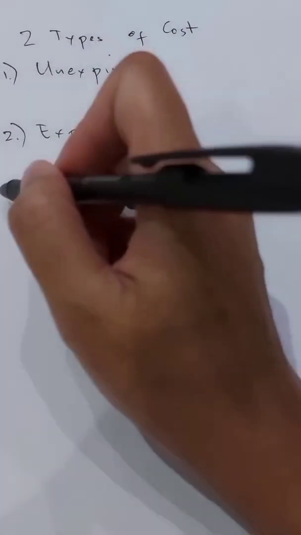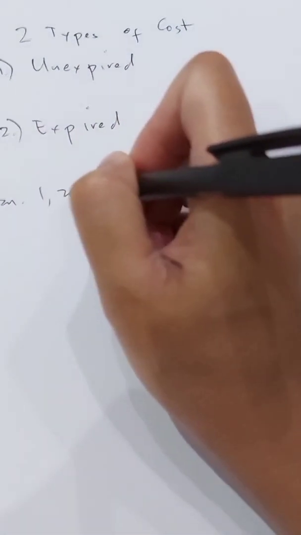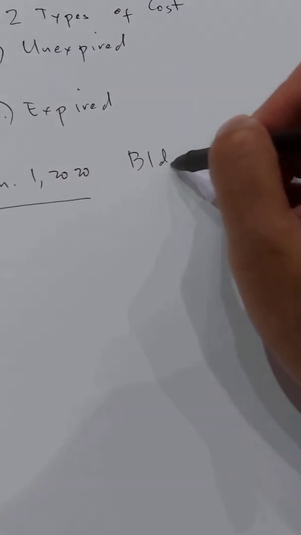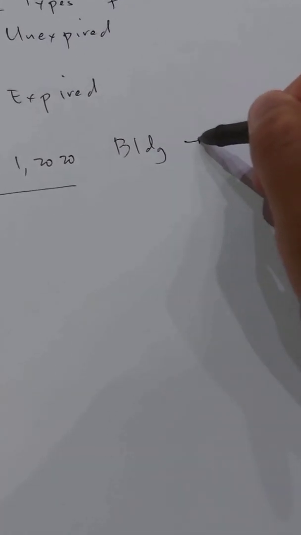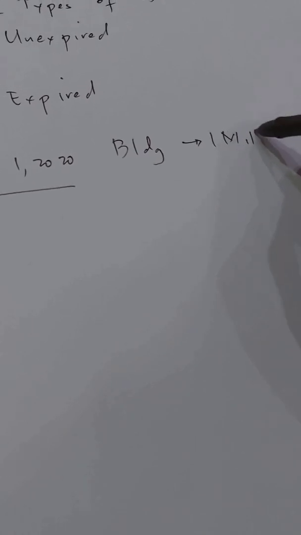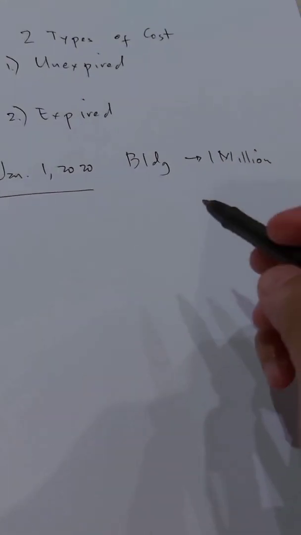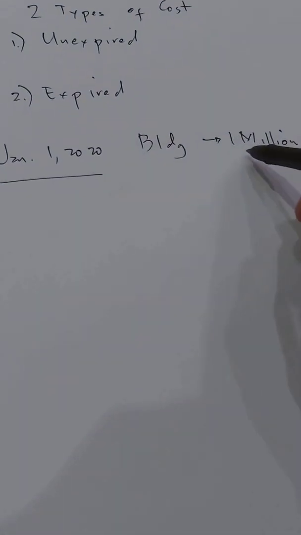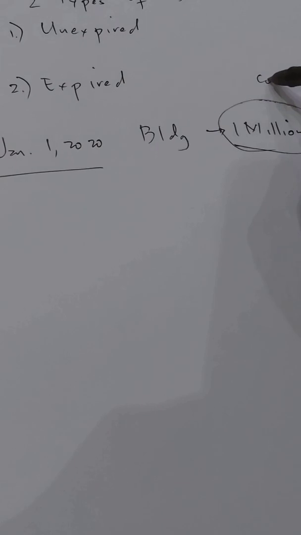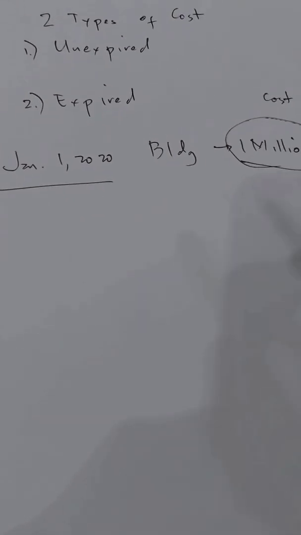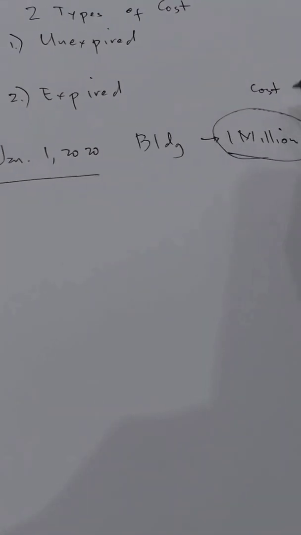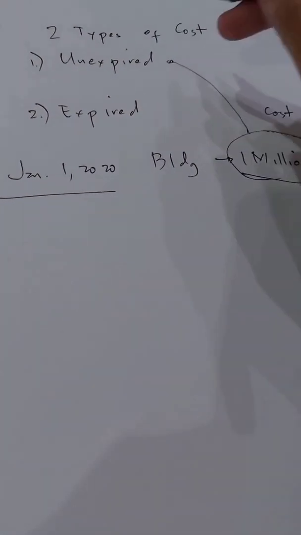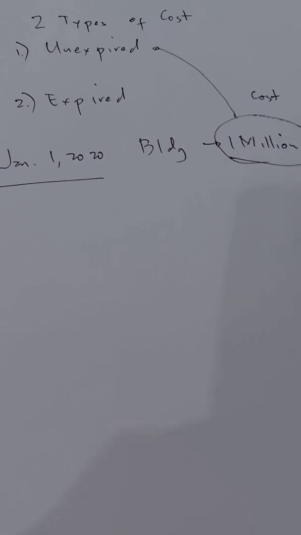So, for example, let's say January 1, 2020, the company bought a building, let's say for 1 million. Okay. So, magkano yung cost ng building? January 1, 2020. So, ang cost niya ay 1 million. Okay. So, sa January 1, 2020, yung cost ng 1 million ay unexpired. So, yung unexpired, recorded siya as an asset.